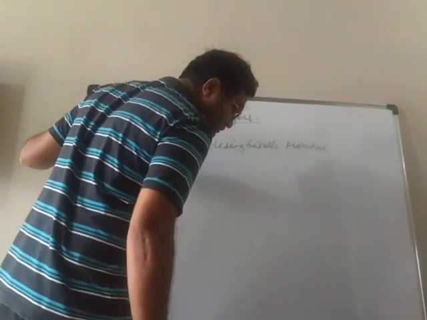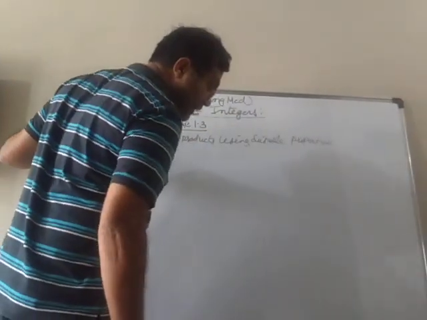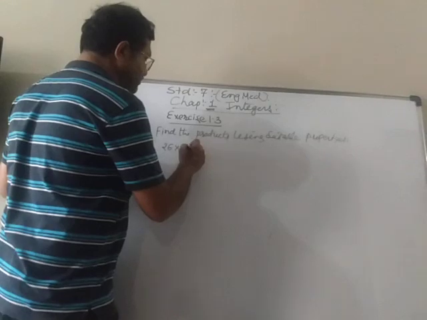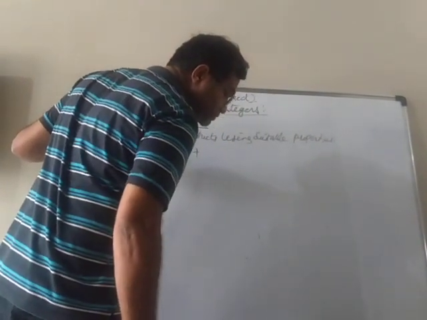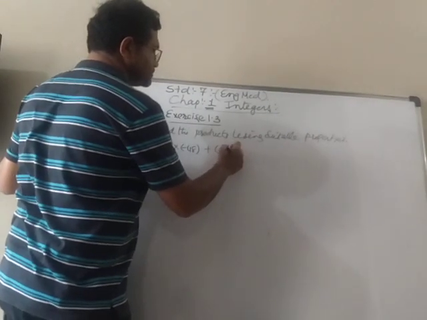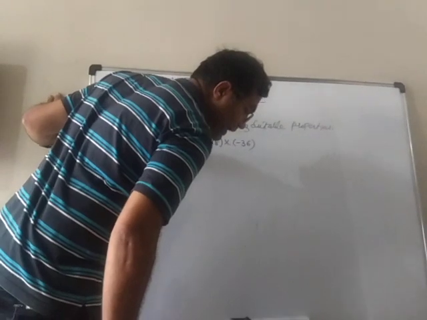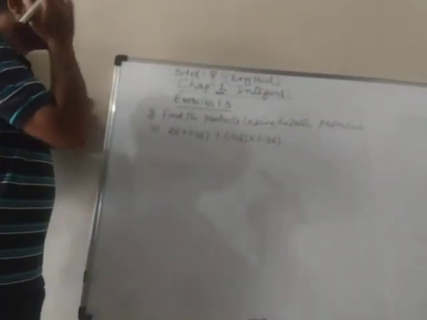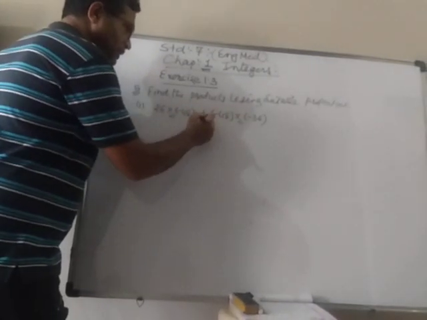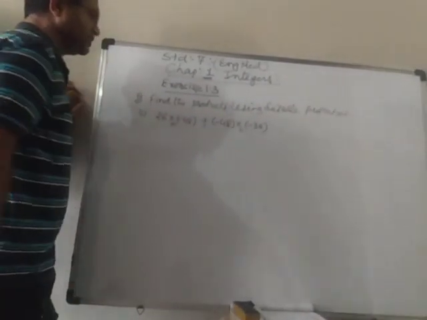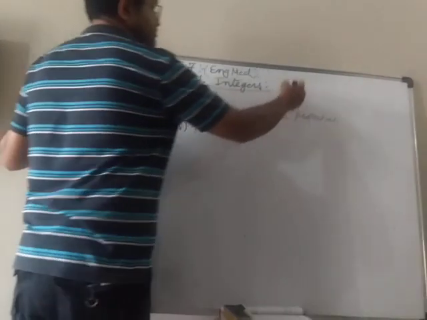So here the first one is 26 multiplied by minus 48 plus minus 48 multiplied by minus 36. Here you can see the plus and then multiplication, so you can use the distributive property.